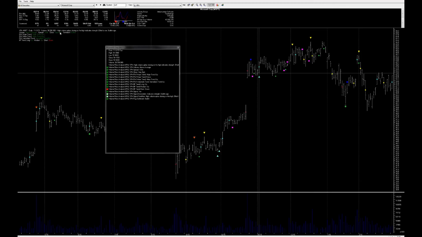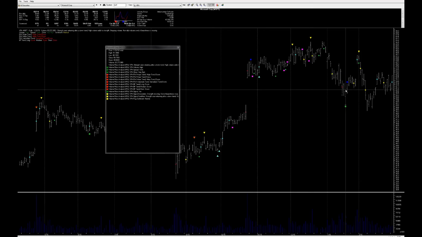And so on this day, there was a high volume up bar closing on the high, indicating strength. There's also an effort to rise, and that's a bullish sign. And since a day can actually have more than one flag go off, this text can get fairly long, but it's rare. Usually only a couple of flags will go off on a specific day. And as you move the crosshairs with the mouse, you can also use the right and left arrows to walk through the days.